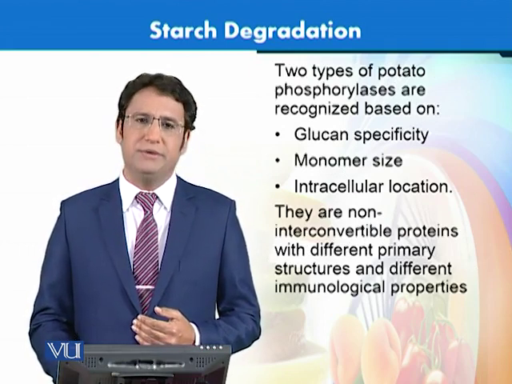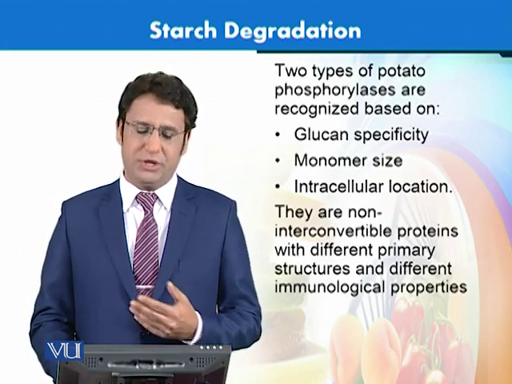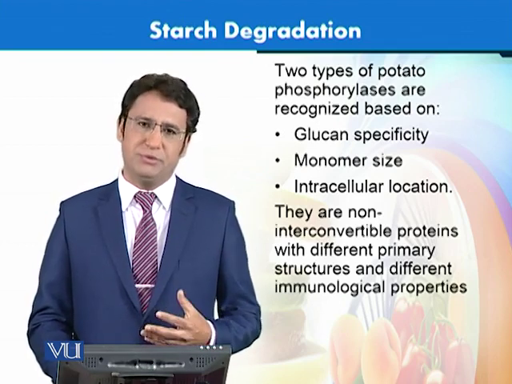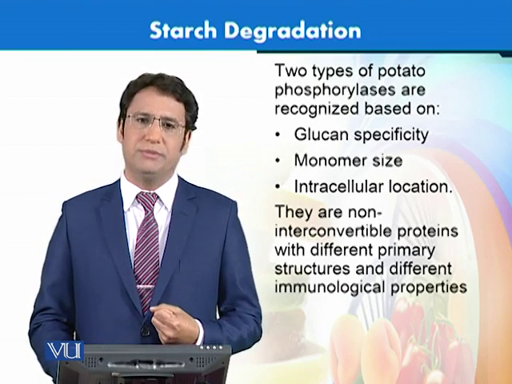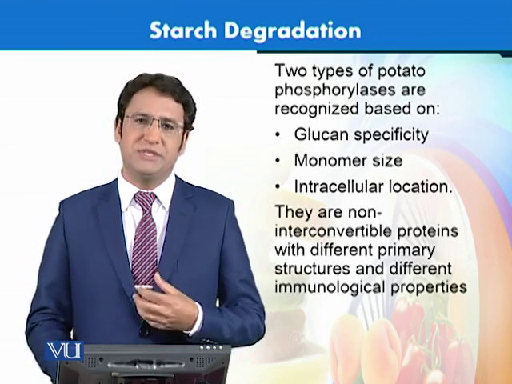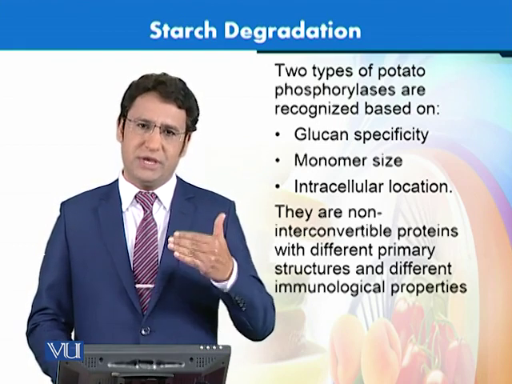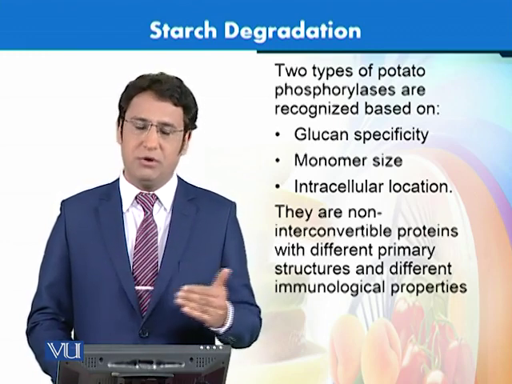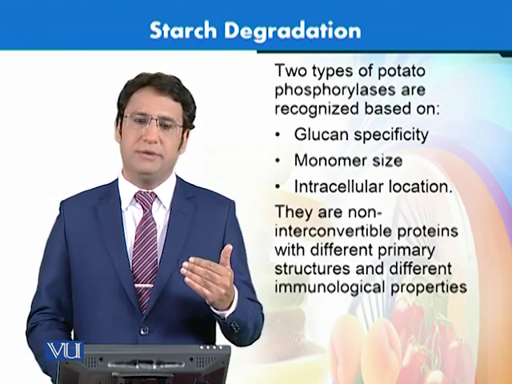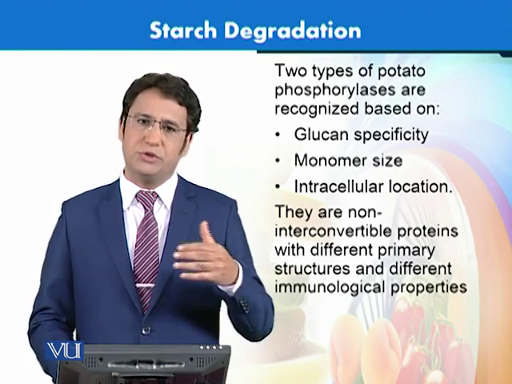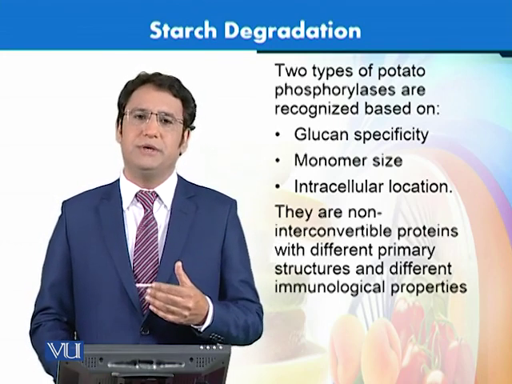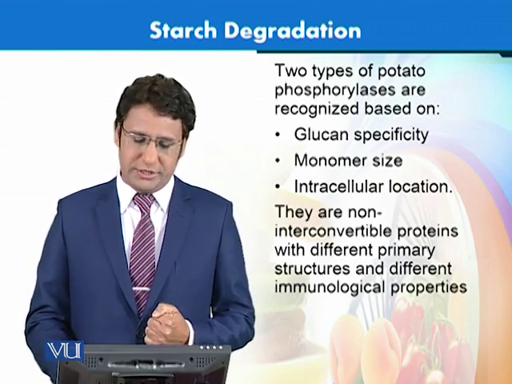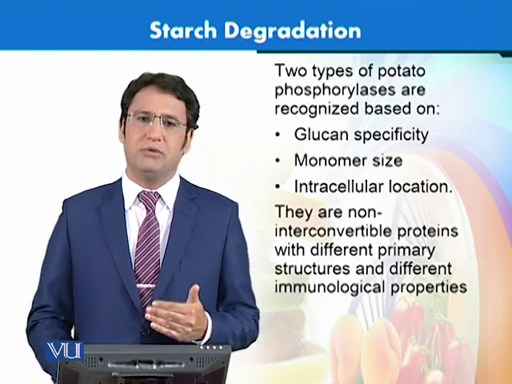Again, the types of potato phosphorylases can be classified based on criteria such as glucan specificity, where they actually act; the monomer size, that is, how small the sugar monomers are that they can react with; or intracellular location, where these enzymes are located.